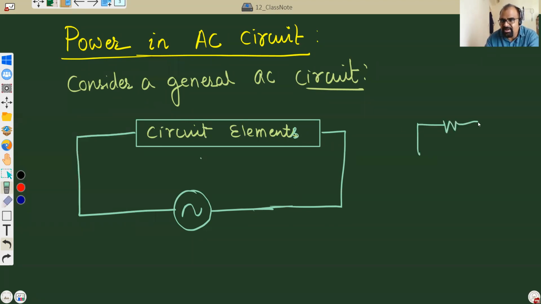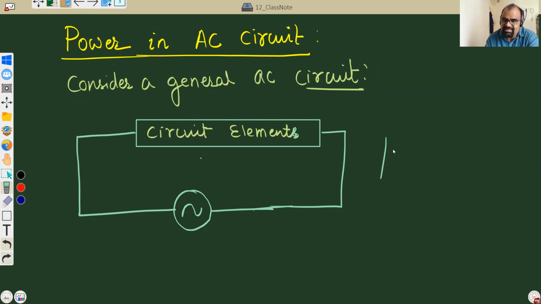We can have a simple resistive circuit. In that case, this circuit element will consist of only one R. We can have an RC circuit. So then inside this circuit elements, we have R and C. Or we can have an LR circuit, or we can have LCR also, or we can have far more complications.